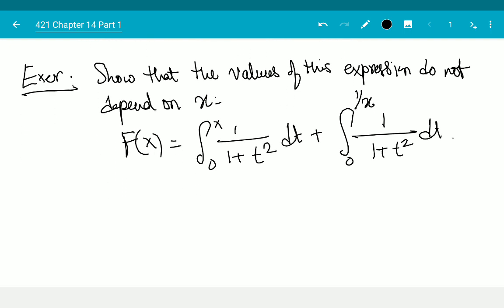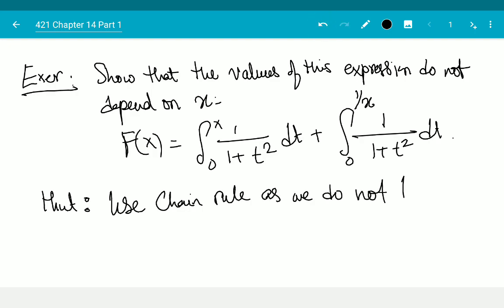Okay, now the thing is, you'll have to systematically prove this. But I'll give you a hint for this one also. Hint: you should use the previous chain rule, as we do not know arc tan of x.